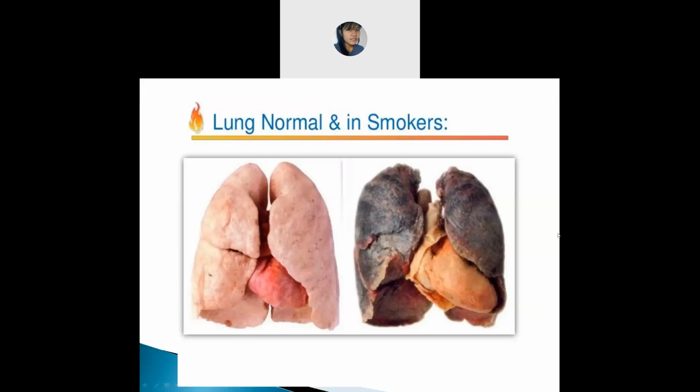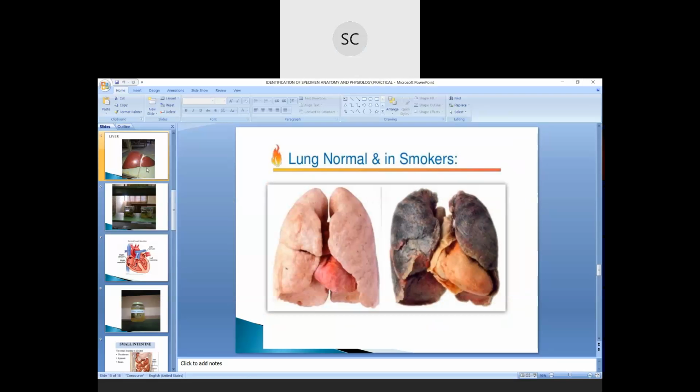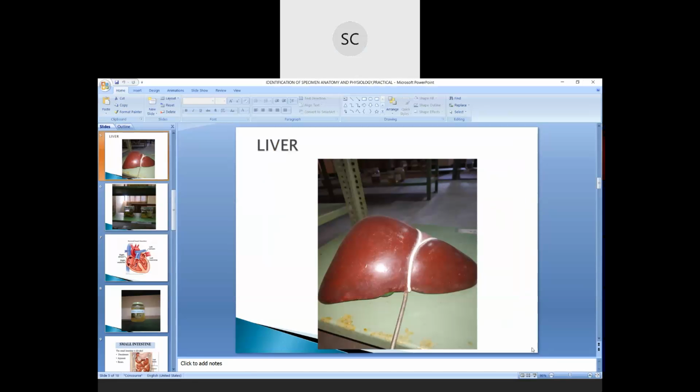Alveoli. Do you remember alveoli? Yes, ma'am. Okay. In alveoli, what happens? Exchange of gas happens or not? Yes, ma'am. Okay. So what are those two gases? Name of the gases? Can you say? Oxygen and carbon dioxide. Okay, good.